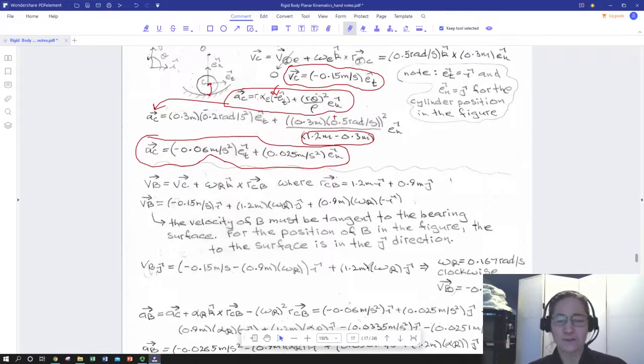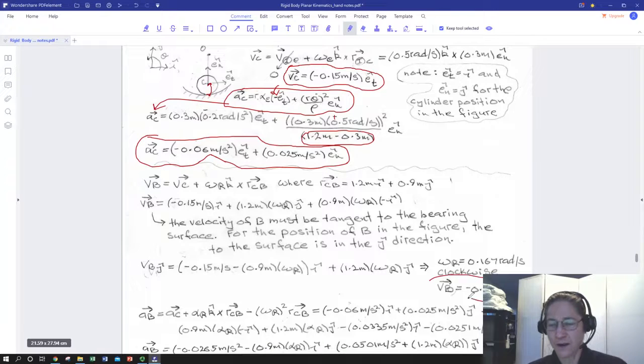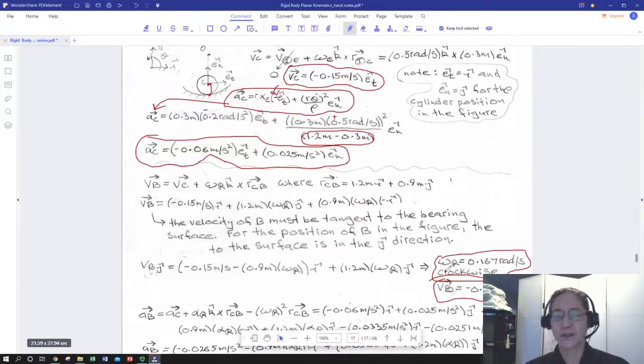So I can very easily get an expression for the velocity of B, and it ends up being negative 0.2 meters per second. I can use the fact that this expression will give me two equations, one in the i hat, one in the j hat. I also get an angular velocity for the rod. So that's two things we needed to know: we now know the angular velocity of the rod, and the velocity of point B up there on the surface sliding.